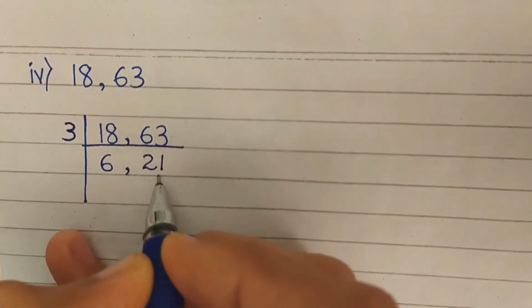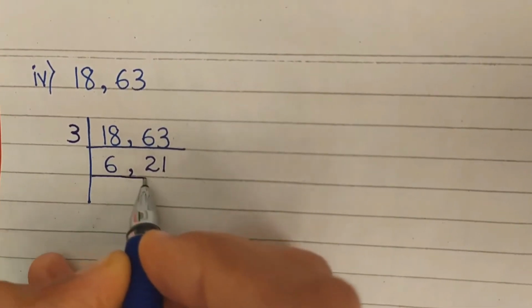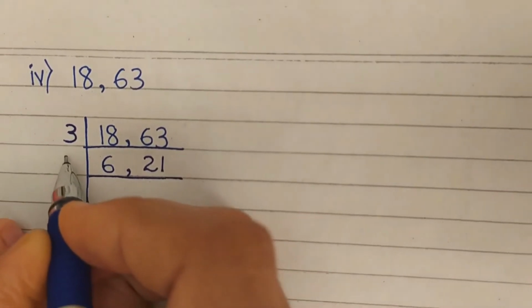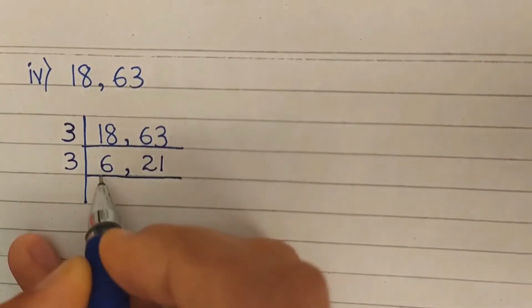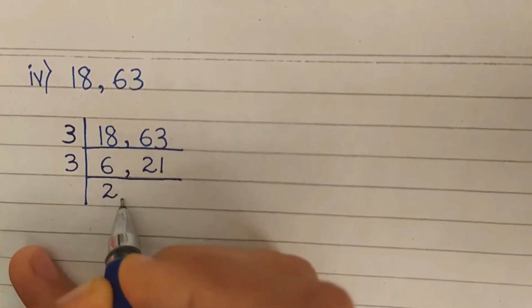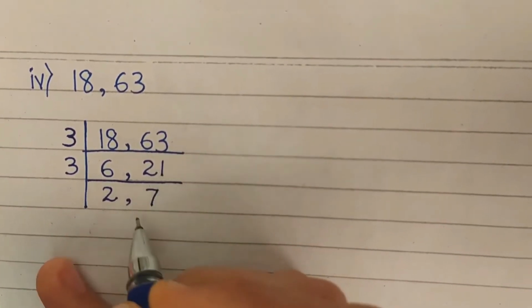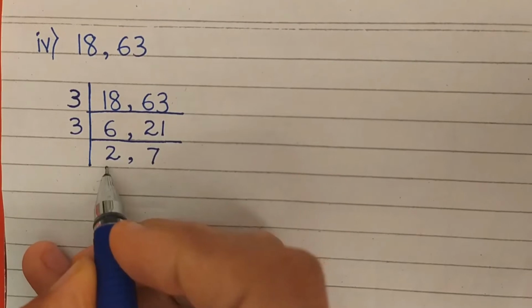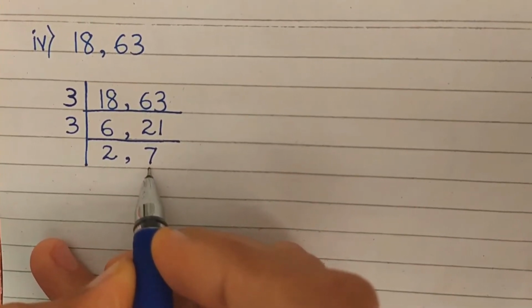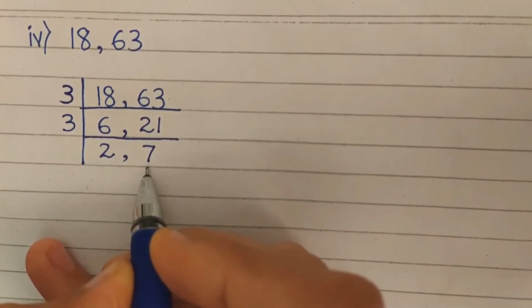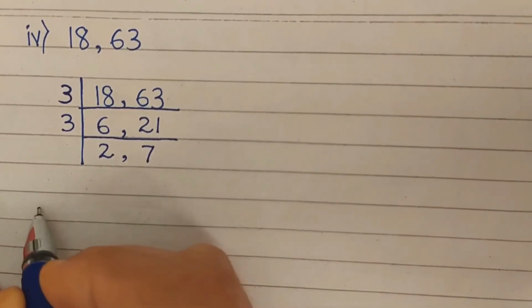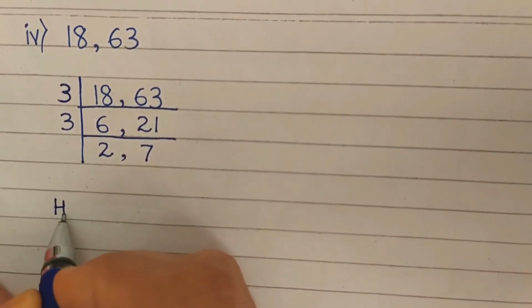Now 6 and 21 also are multiples of 3. So we can take table of 3. 3 2s are 6. 3 7s are 21. 2 and 7 do not have any common divisor.